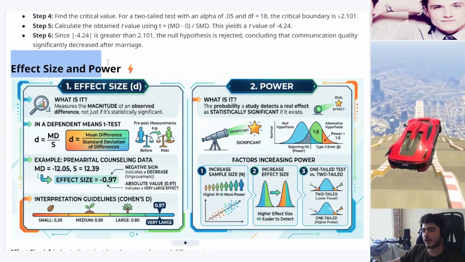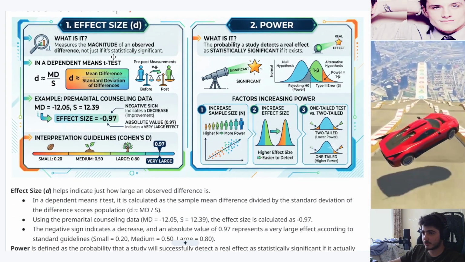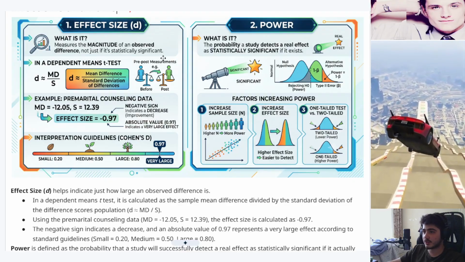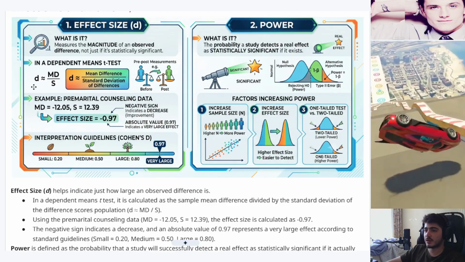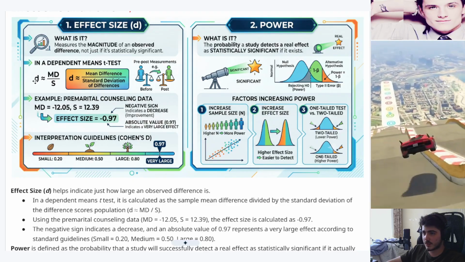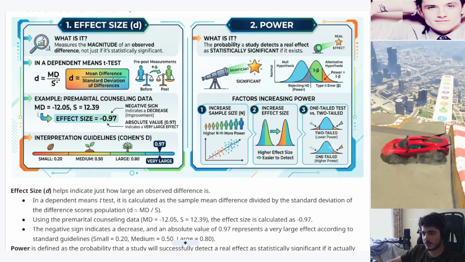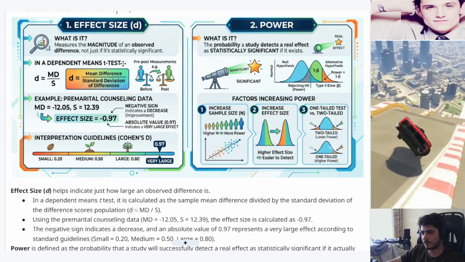So let's look at effect size and power. What is it? It measures the magnitude of an observed difference, not just if it's statistically significant. In a dependent means t-test, you look at it by taking the mean difference and the standard deviation of differences, so our S. And then you get the d.